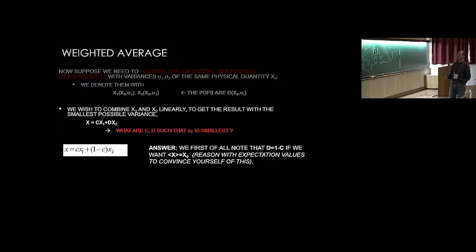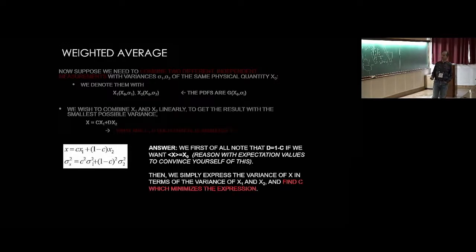So you write this explicitly in your combination formula, and then what you do is proceed to minimize the uncertainty on the derived quantity x. And since x depends on C, what do you do? You take the derivative of that.